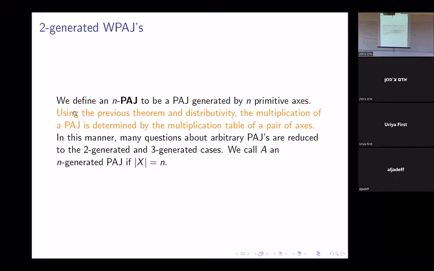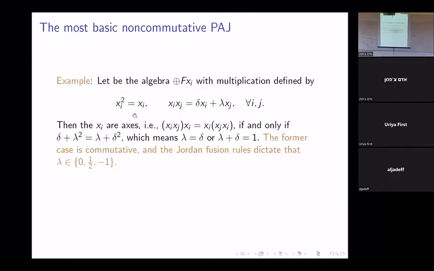If it's generated by n primitive axes, it will be spanned by many more than n primitive axes. And that's probably the major question in the subject: how many axes do you need to span an n-generated primitive axial algebra?